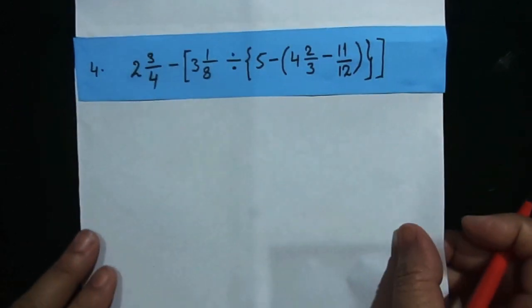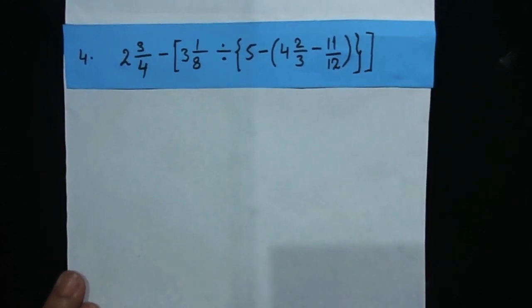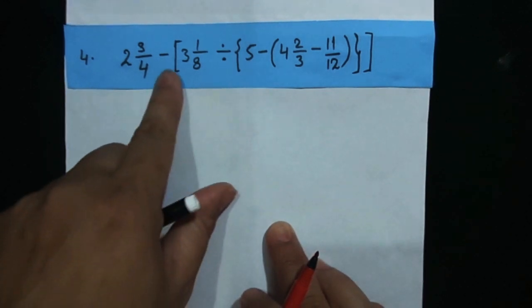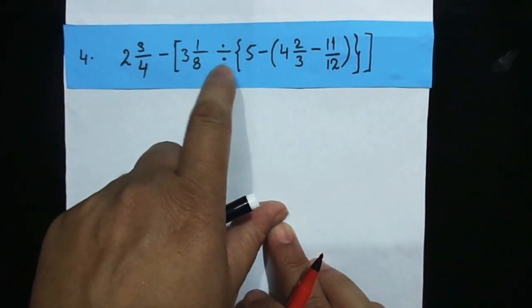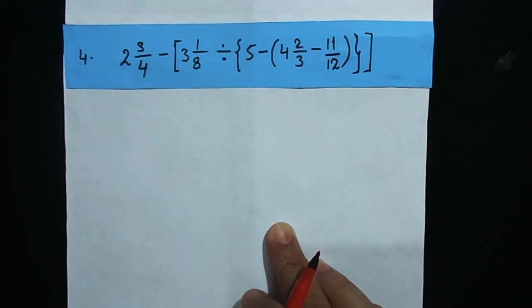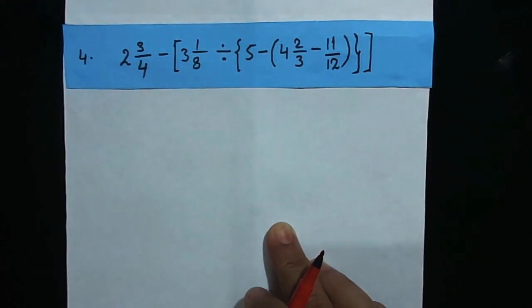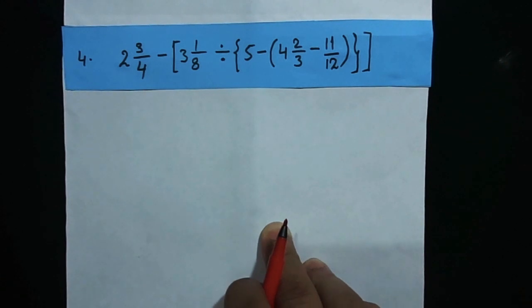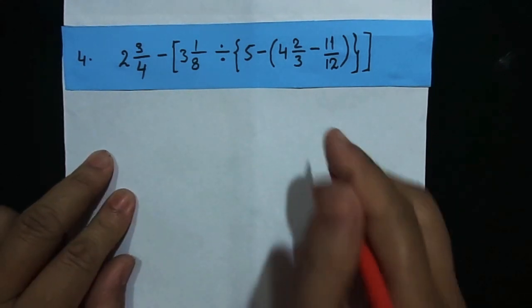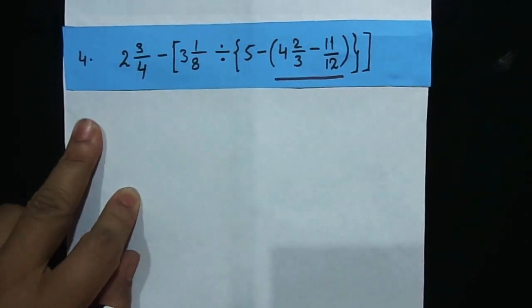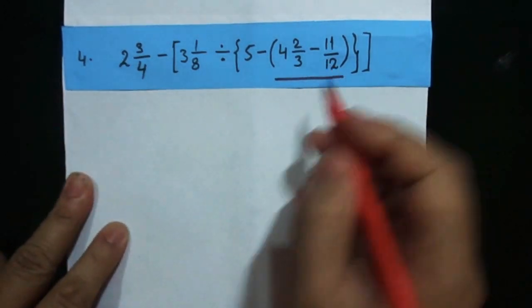Okay, next let's come to number 4. Here in number 4, what I find is that division is also there. Since division is also there, we should not get scared. Why? Because we have to start with this portion first. So let us come to this portion first.